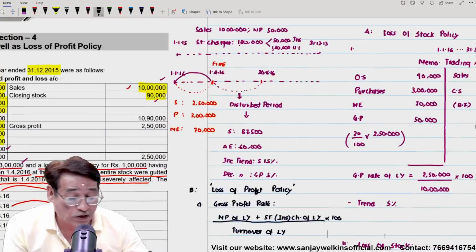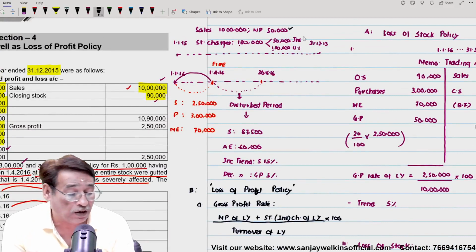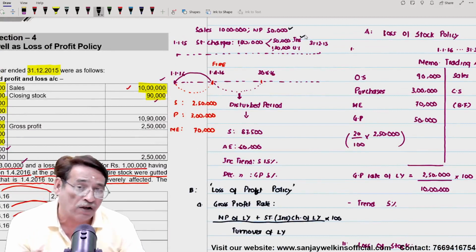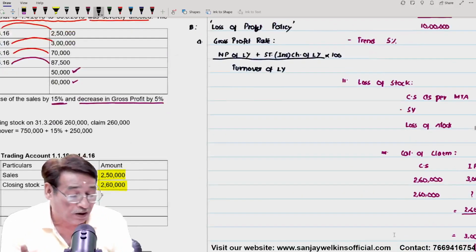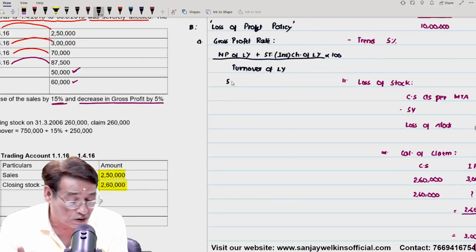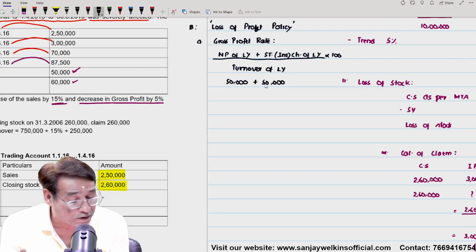Now in this question we have already seen that net profit of the last year is 50,000 and insured standing charges are also 50,000 and sales is equal to 10 lakh. So 50,000 net profit of last year and insured standing charges of last year are also equal to 50,000.